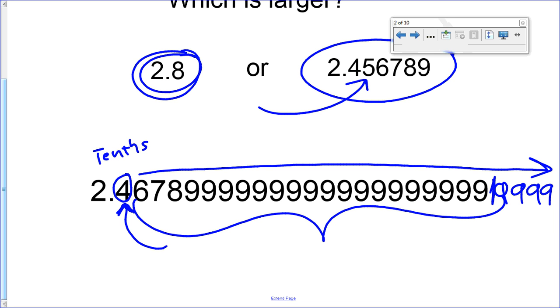Pause and think about that for a minute if you need to. But the answer is there is no amount of these numbers. It doesn't matter. We could keep on writing 9s for the rest of our lives, and the sum will not only never equal 4 in the tenths place, it will never even equal 1 in the tenths place.